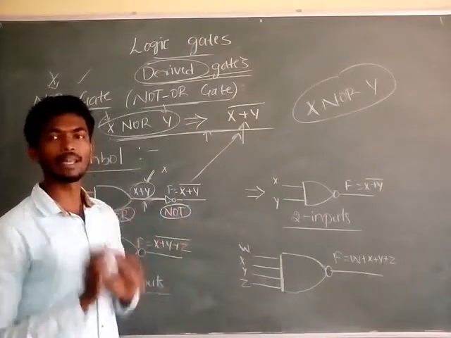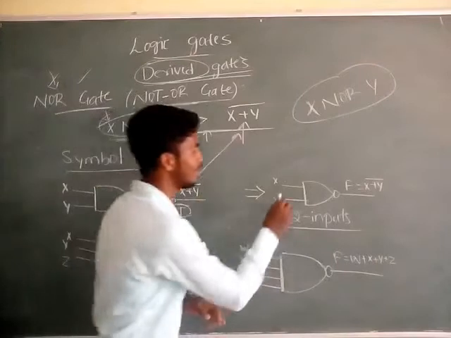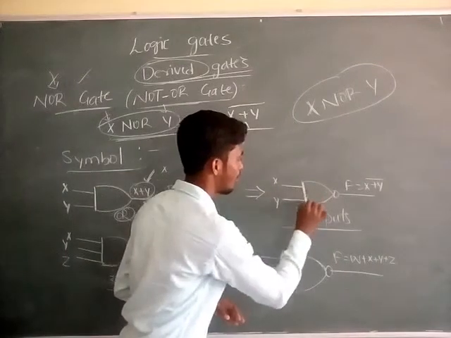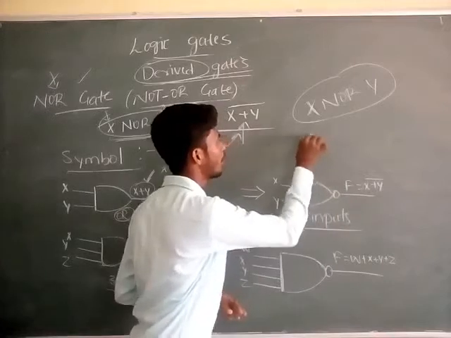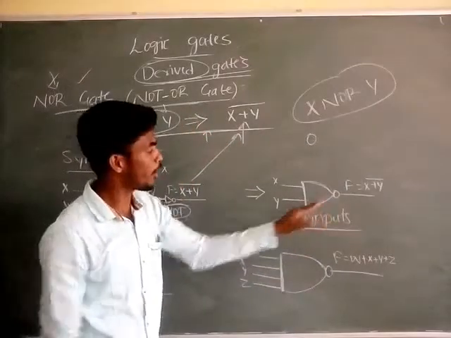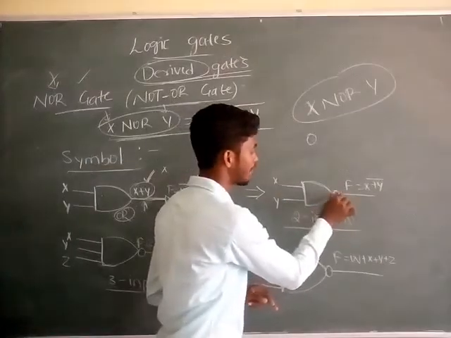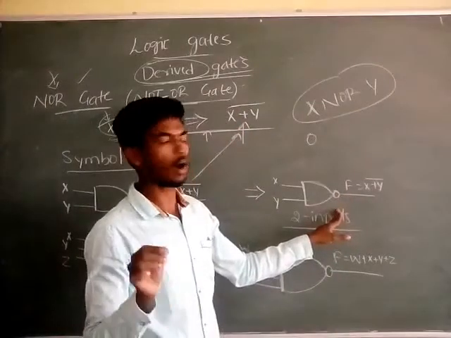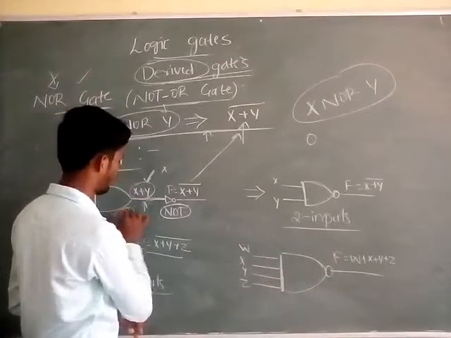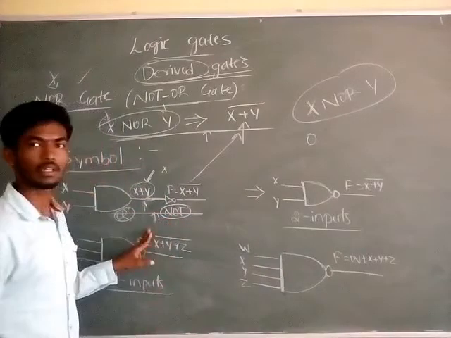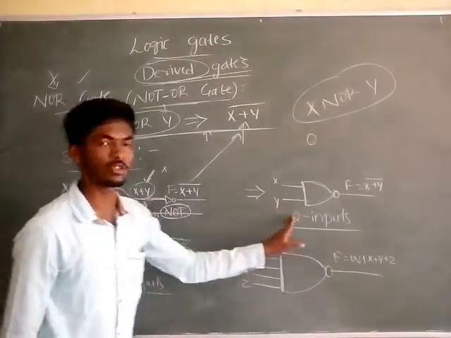You can simply write it as an OR gate with a small round symbol at the output point. This logic circuit is equivalent to the previous one.